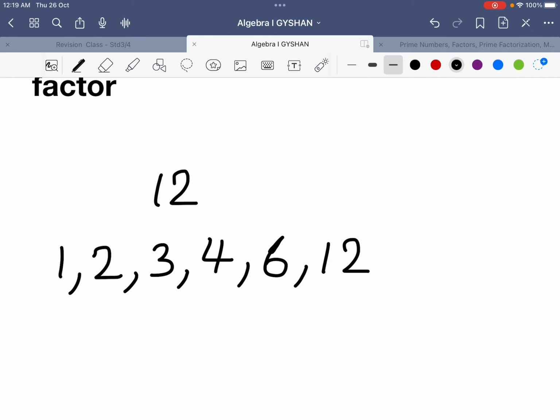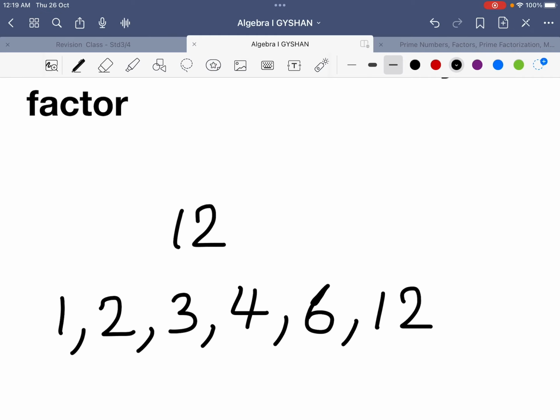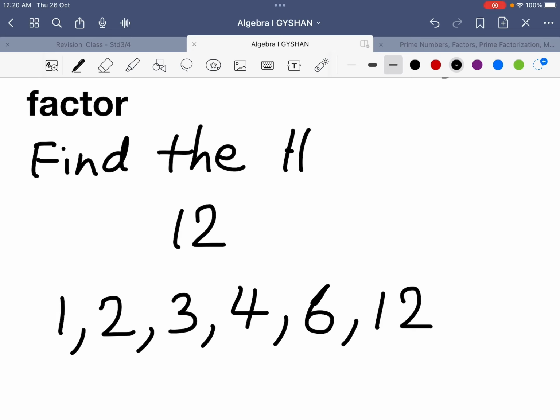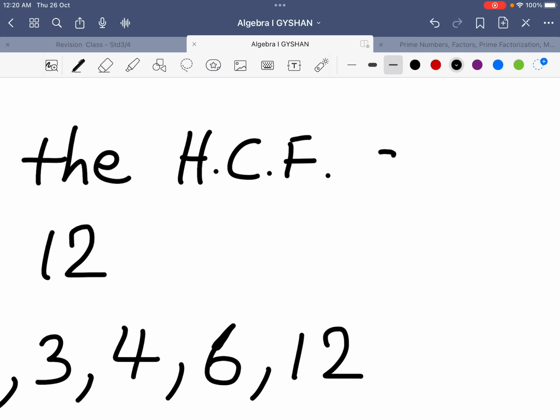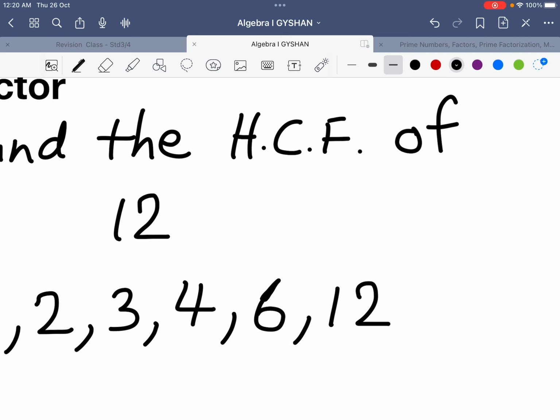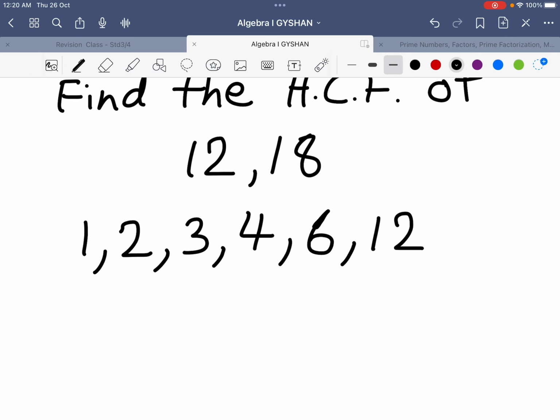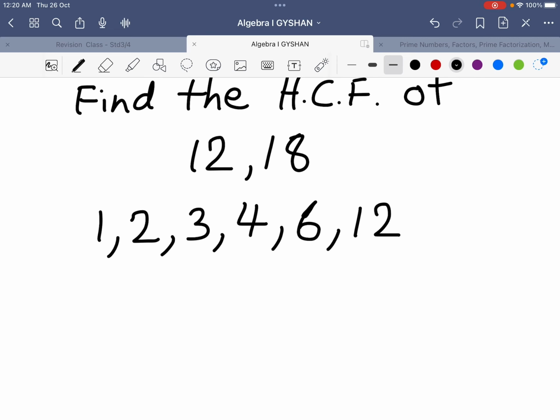So now if I ask you to find the HCF, the highest common factor, of 12 and 18, how would you do that? Well, we can list the factors for 12 and 18, and then we can choose the highest one.